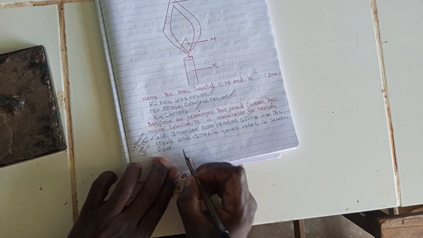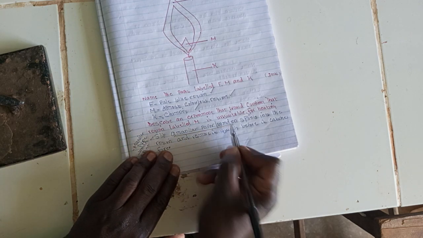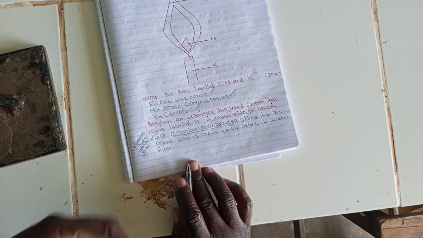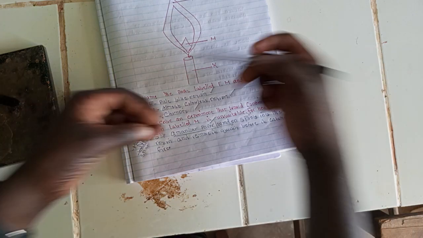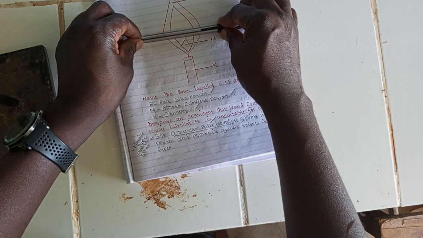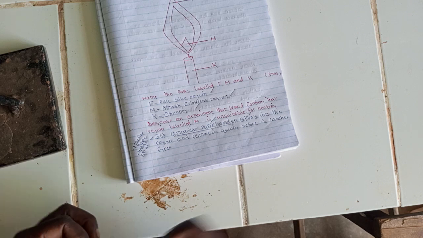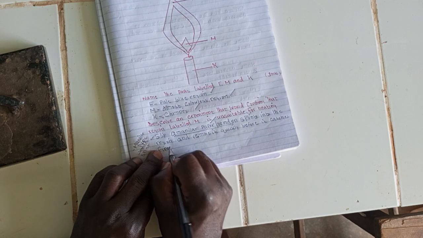If you slide a manila paper or a wooden splint and remove it quickly before it catches fire, the inner part remains unburnt. So that is the observation.